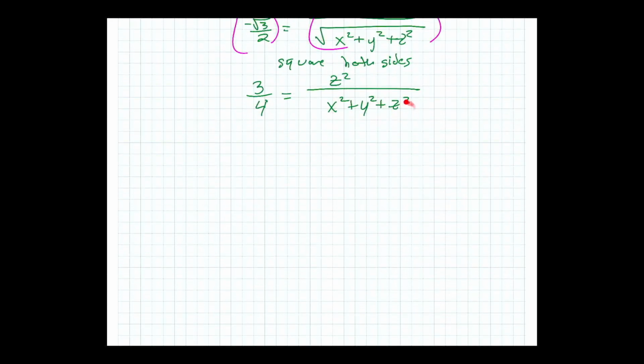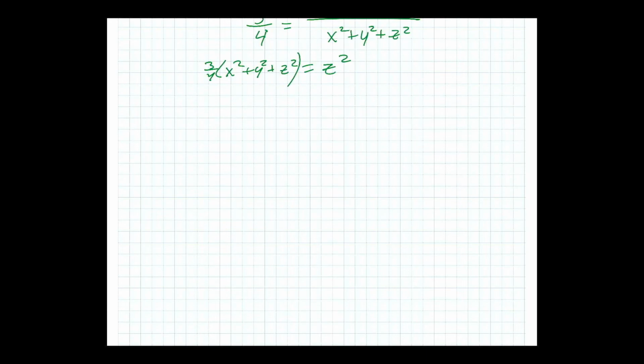So then you can take this and you can multiply it up to the other side. You can distribute that 3/4. So you can have 3/4 x squared plus 3/4 y squared plus 3/4 z squared equals z squared, like that.